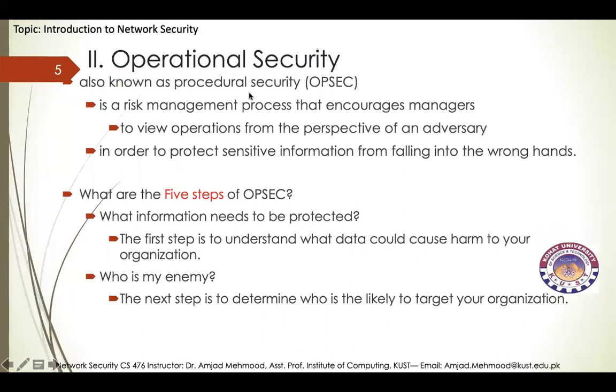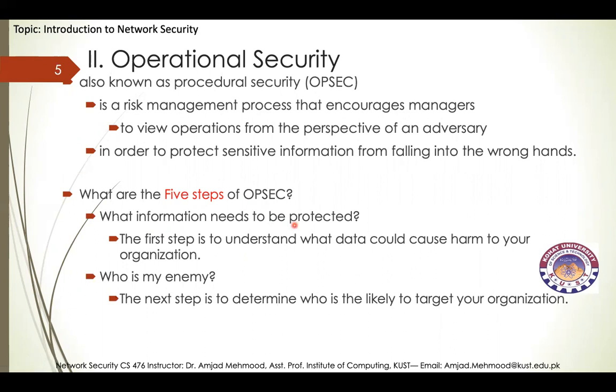Operational security, also known as OPSEC, is a risk management process that encourages managers to view operations from the perspective of an adversary in order to protect sensitive information from falling into the wrong hands. What are the five steps included in OPSEC? What information needs to be protected?